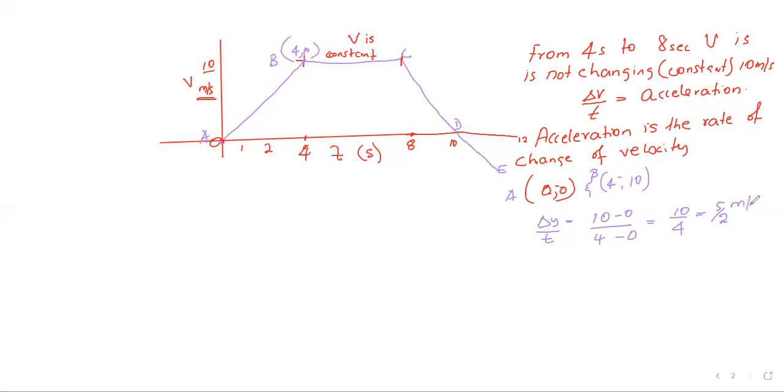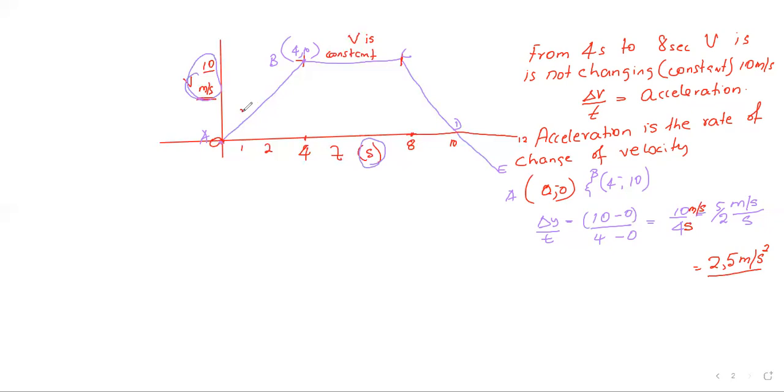The unit there is meters per second, and the unit here for 4 is second. Now this gives us 2.5 meters per second squared, which is the unit for acceleration.